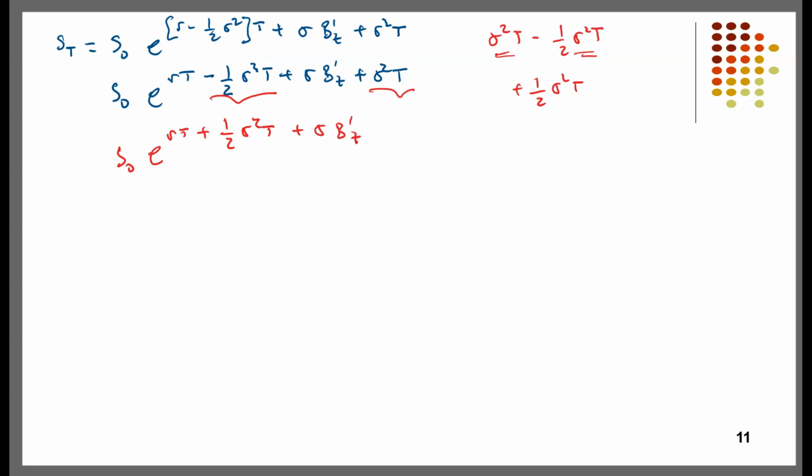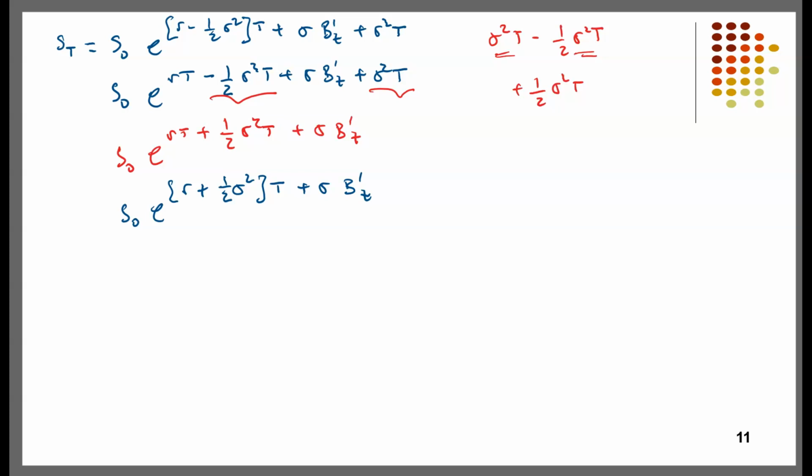Now let's put the t back to where it was earlier. Let's put the bracket back. That's going to be r plus this time 1/2 of variance, and then we have t, and plus sigma B prime t.